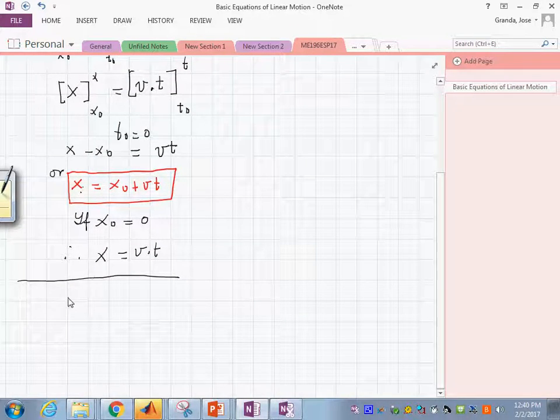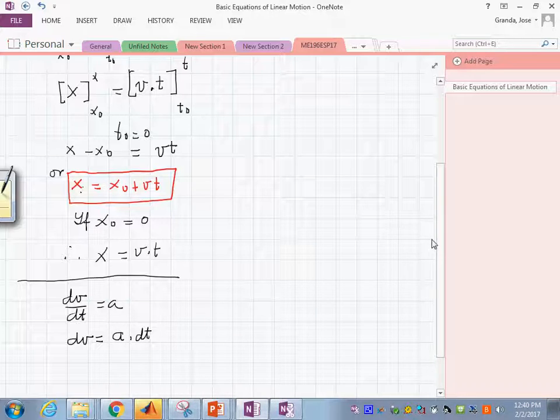If we go ahead and look at another definition here, dv/dt is the acceleration, we can also write in an equal form that dv is equal to a times dt.